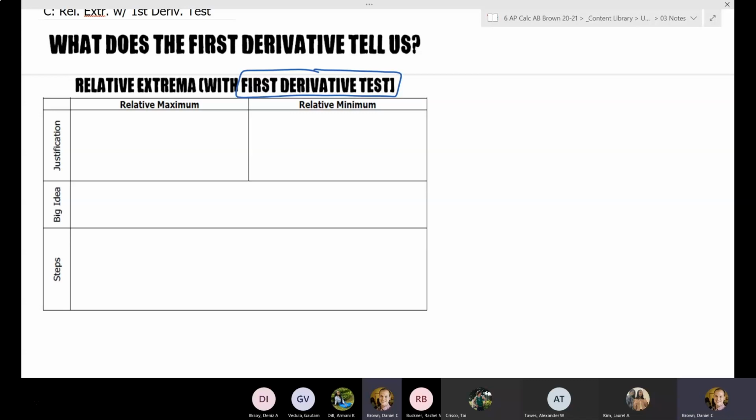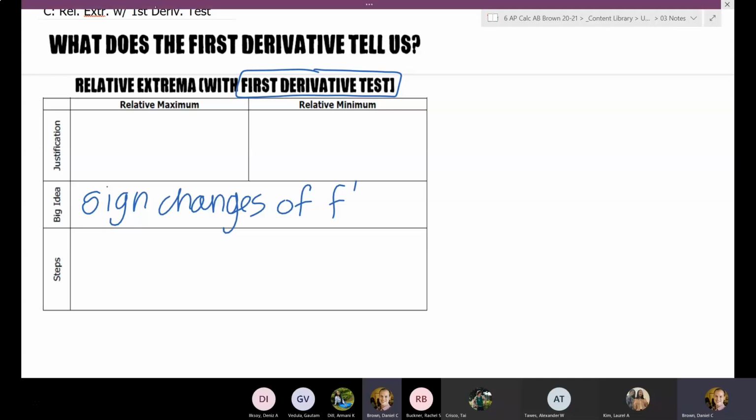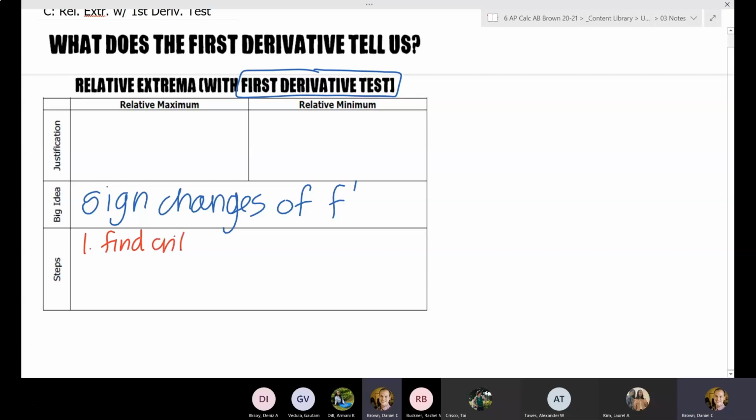The main idea when we're using the first derivative test is we're going to be looking at sign changes of your first derivative. The steps are very similar to what you're doing when you're doing intervals of increasing and decreasing. Your first step is to find your critical points.